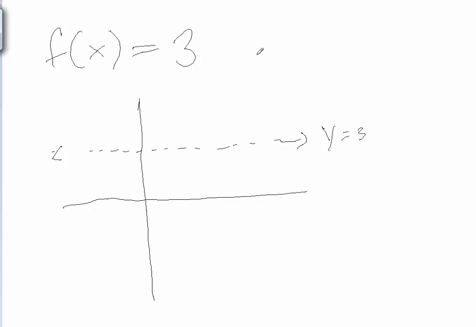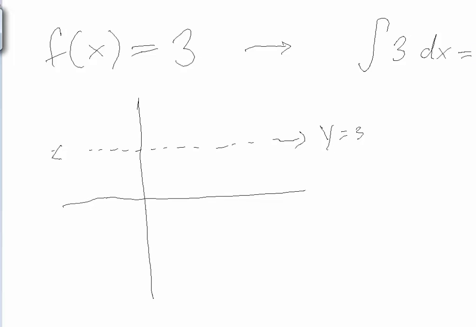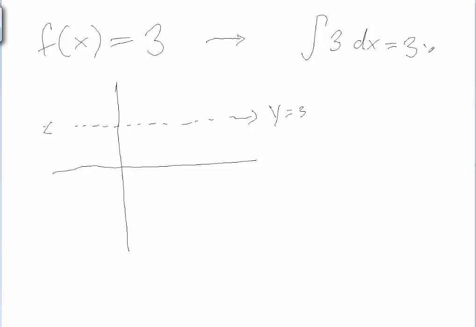And first off, let's think of taking the integral or finding the antiderivative of 3, and what that will equal is 3x, plus c. But for now, let's just think about this 3x.